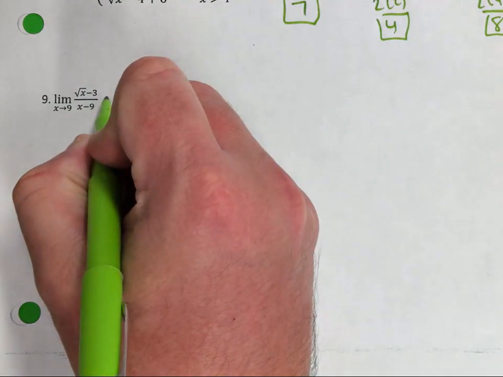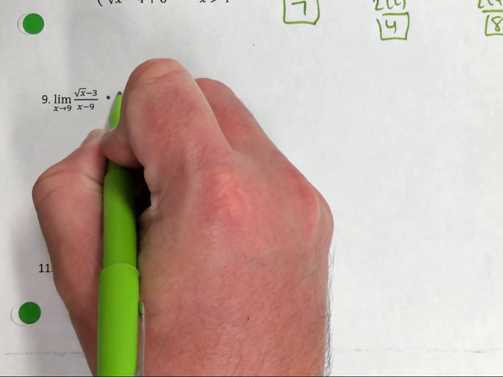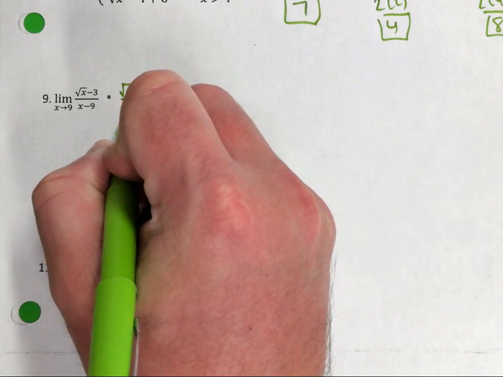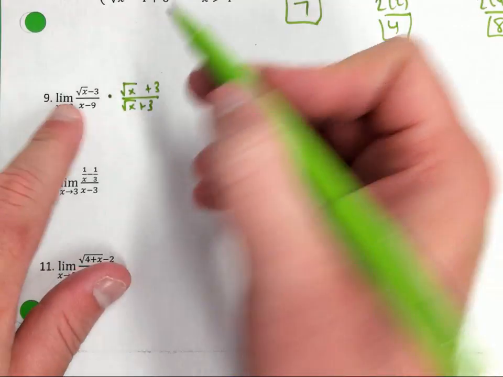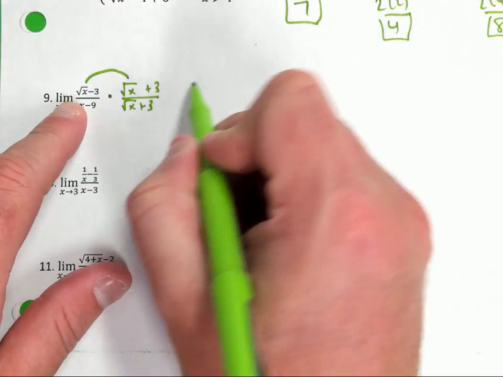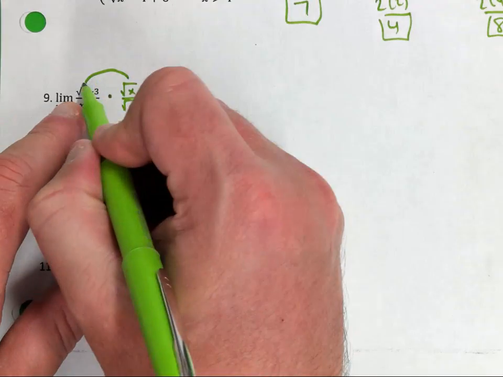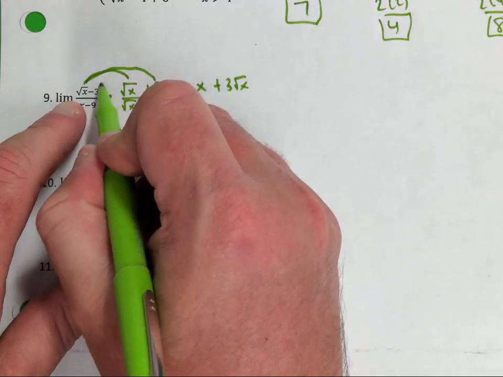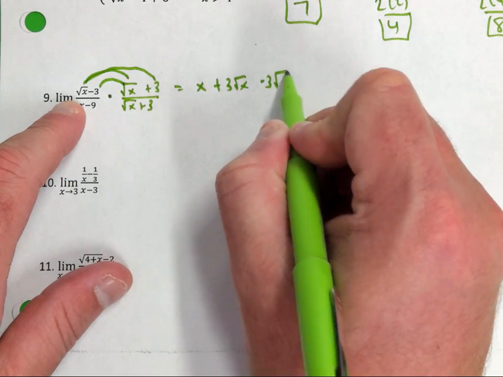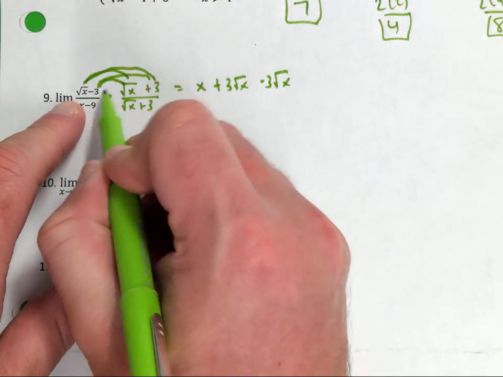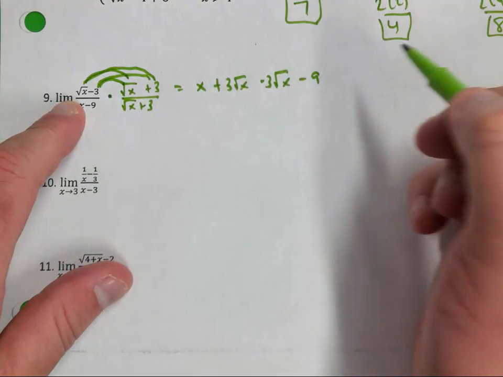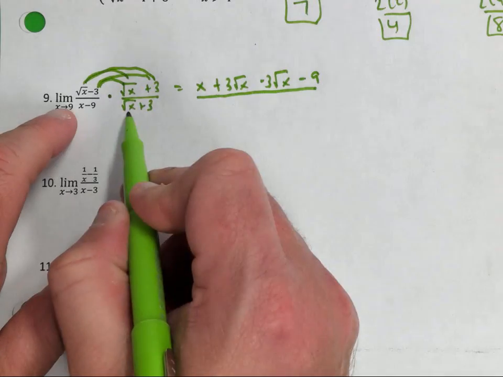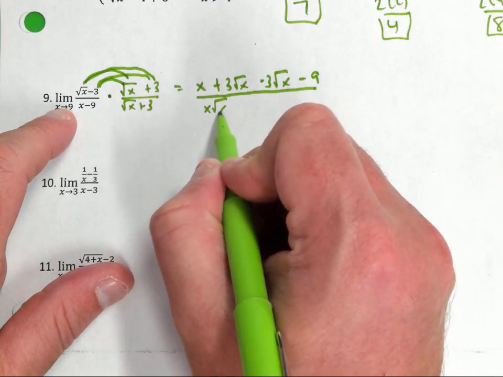So I'm going to multiply the top and bottom by what? Square root of x what? Plus 3. Very good. Now watch this. Square root times the square root gives me x. This times 3 would be plus 3 square root of x. Then negative 3 square root of x. Negative 3 times 3 is negative 9. All over x times square root of x is x square root of x.